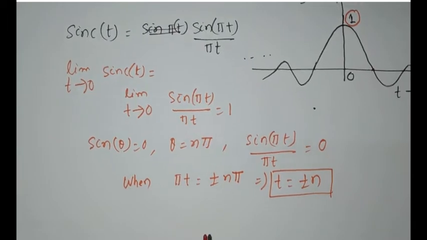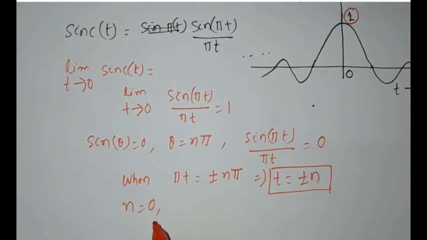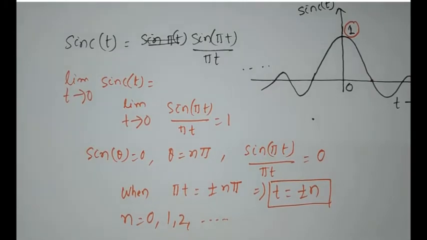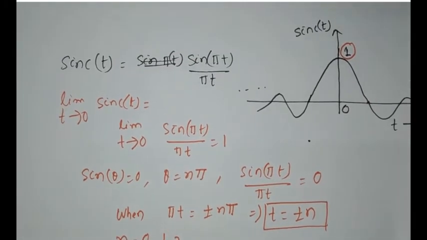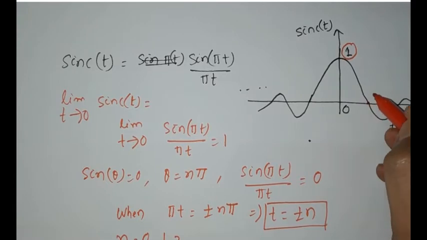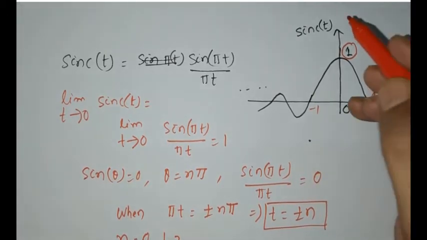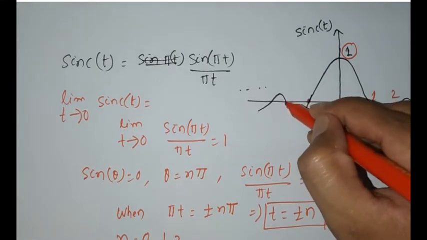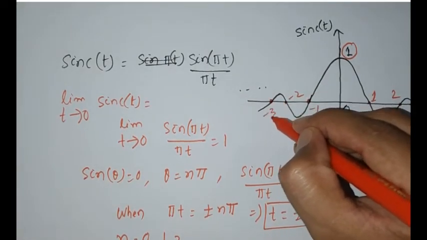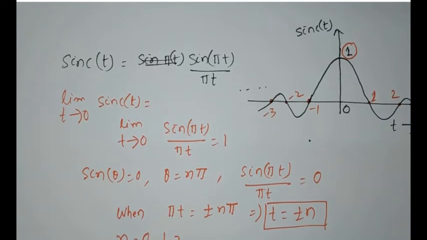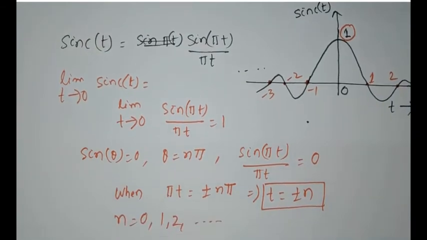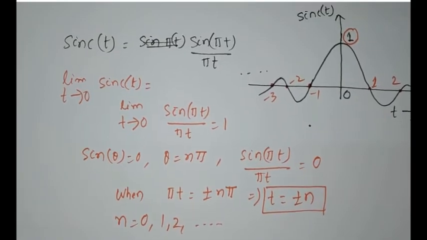What is n? n means 0, 1, 2, like this. Then it is clear. Now it is 1, 2, then 3, and similarly -1, -2, -3, like this. This is your sinc function.